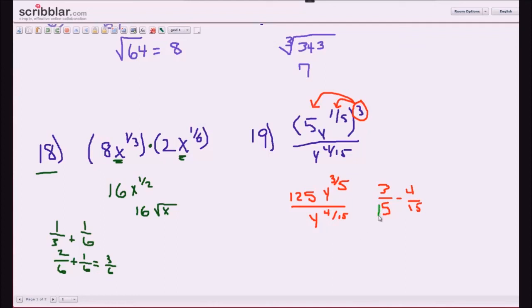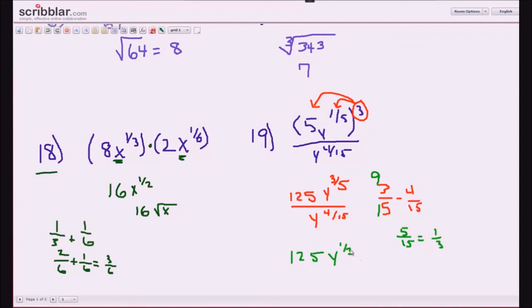And so, to make that a 15, times top and bottom by 3. And so that top here would end up being 9. Alright, and so 9 over 15 minus 4 over 15 ends up to be 5 over 15, which is 1/3. And so what we're left with there is the 125, and we're left with y to the 1/3.